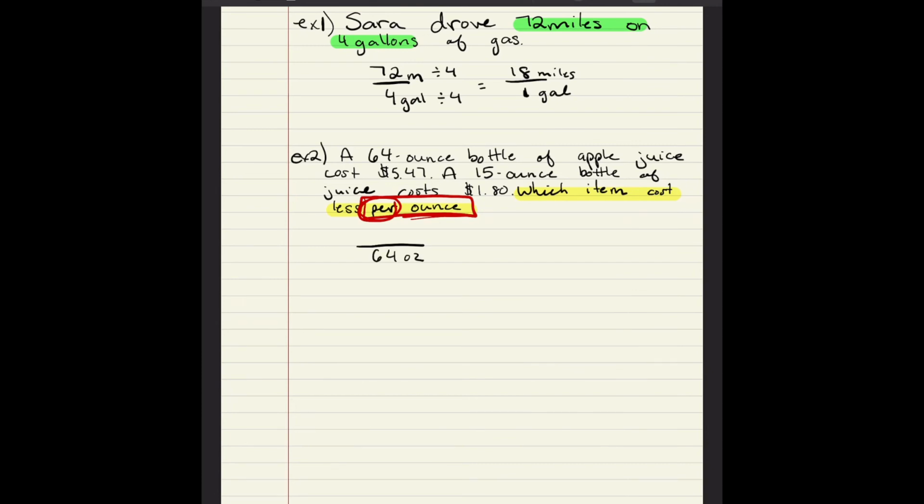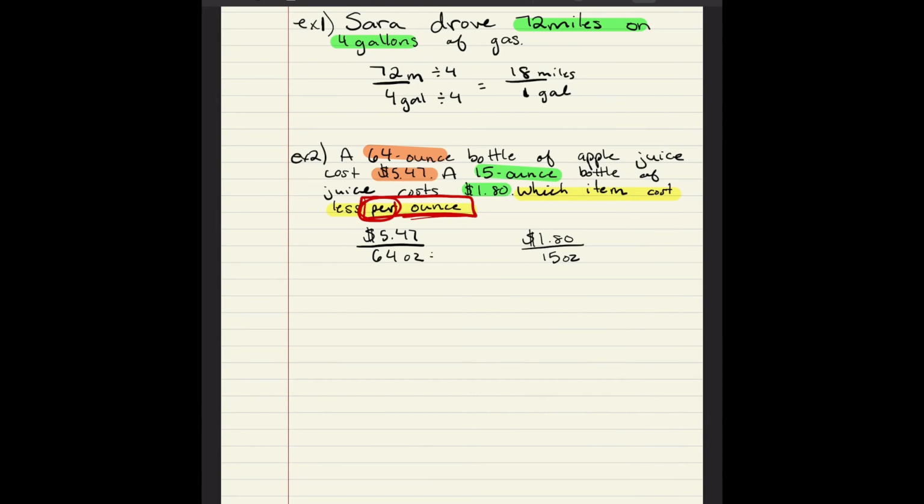So we have 64 ounces here, and $5.47 at the top. We have 15 ounces for $1.80, so $1.80 over 15 ounces. So now I wrote my ratios.